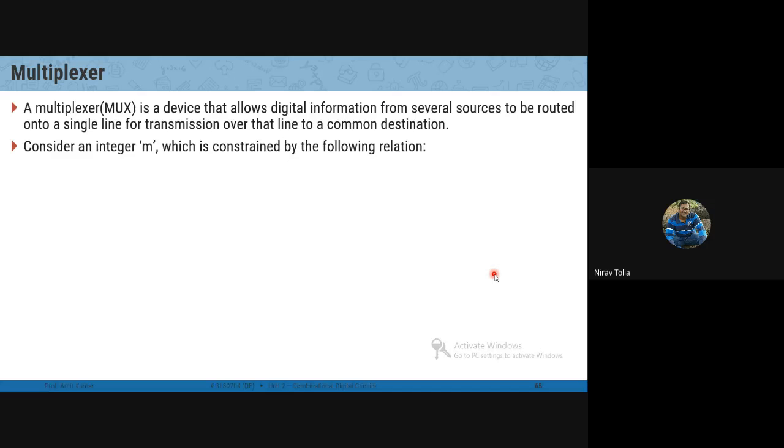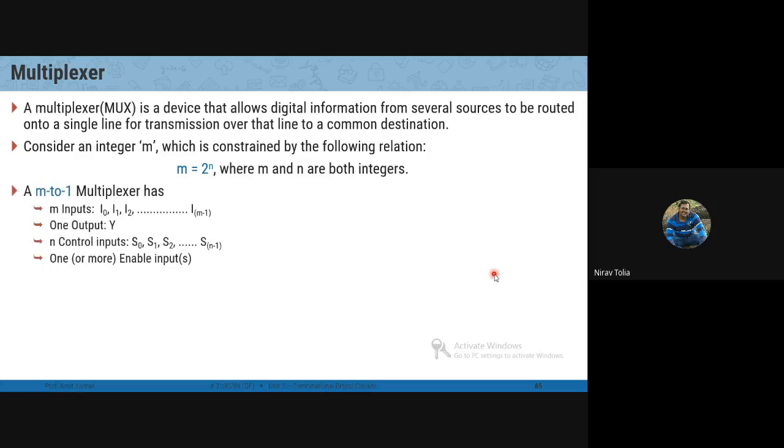So multiplexer is also known as the data selector. Why? Because it will take the data from several inputs and pass the data to the output, but at a time only a single data will come to the output.